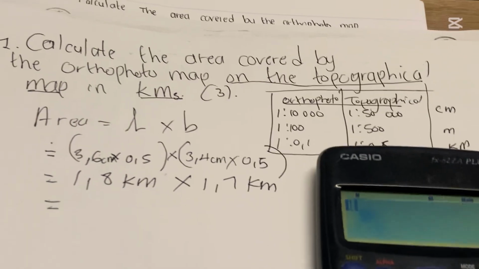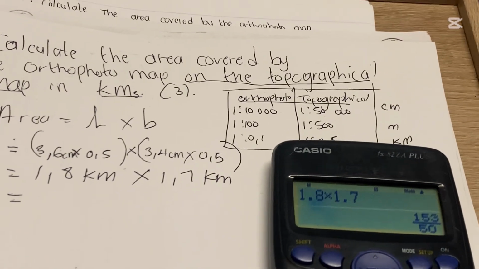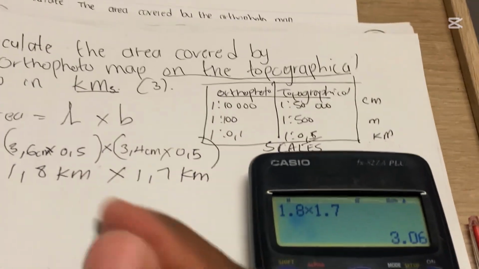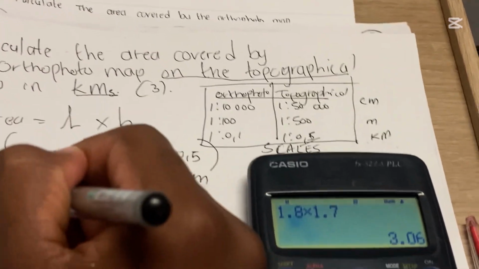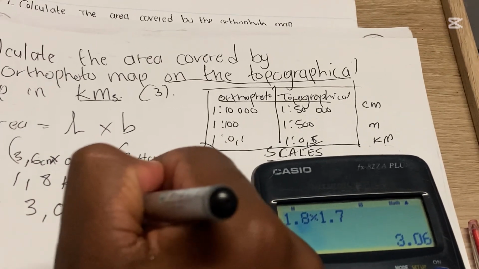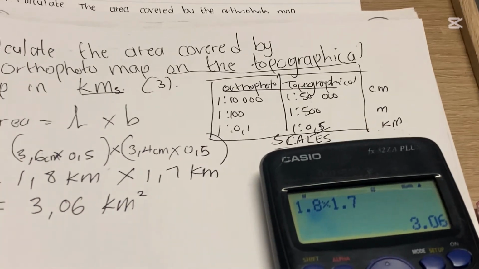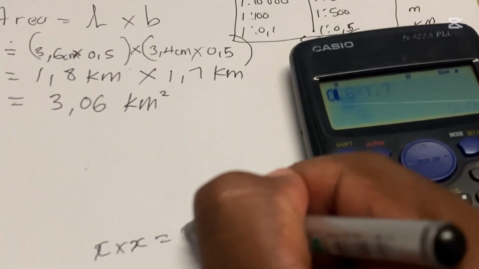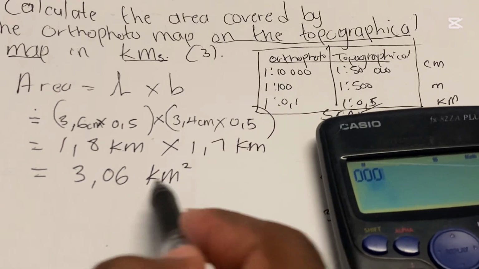So we have 1.8 times 1.7, which equals 3,06 kilometer squared. X times x is x squared, so kilometer times kilometer is also kilometer squared.